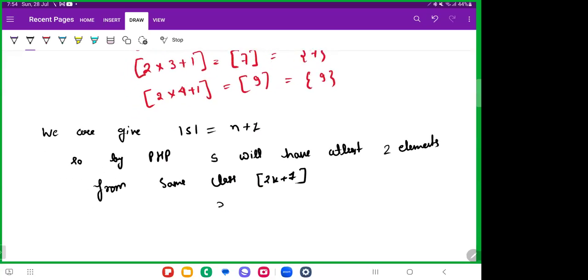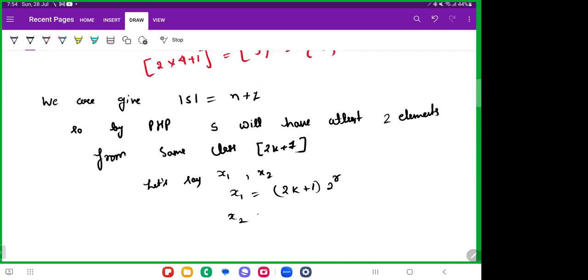So that means, let's say x1 and x2 are these. How will they look? x1 will look like 2k plus 1 dot 2 to the power r, and x2 will look like 2k plus 1 dot 2 to the power s.